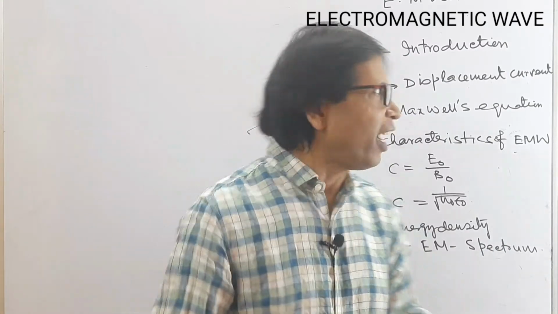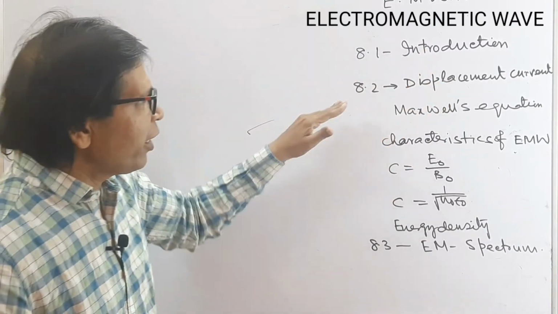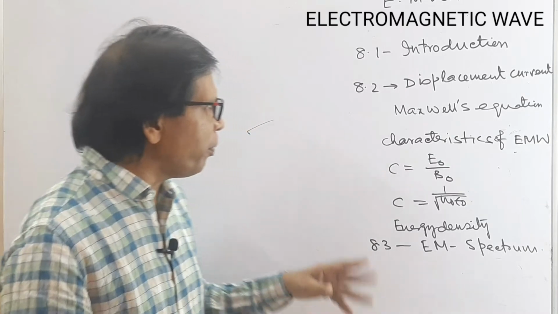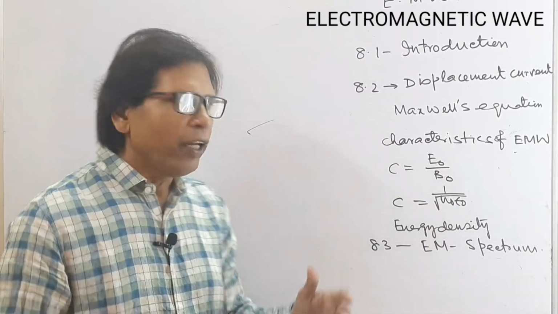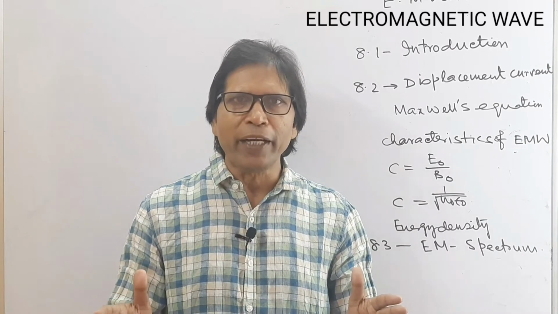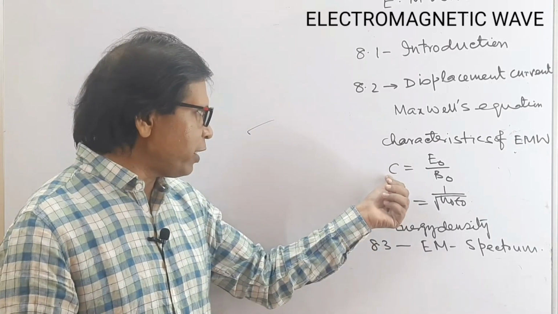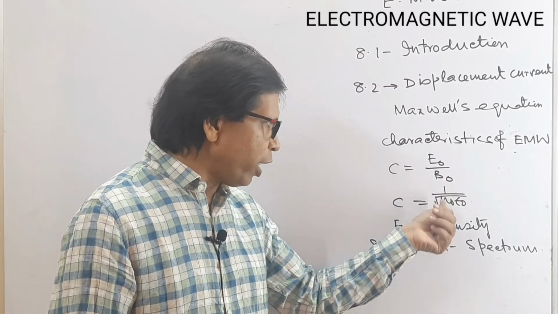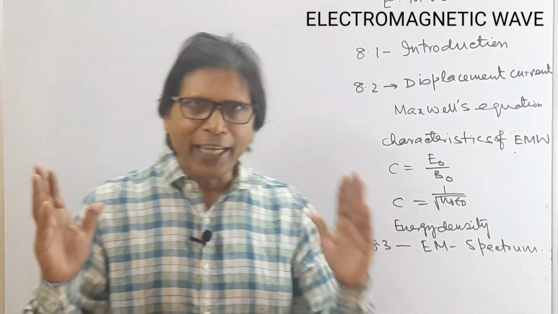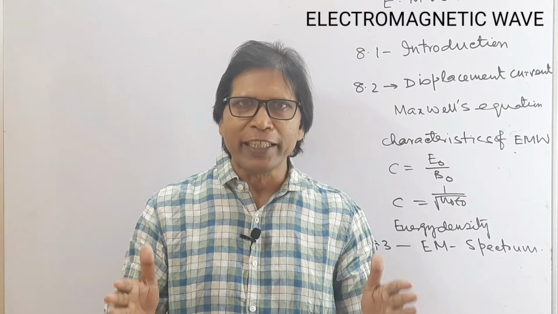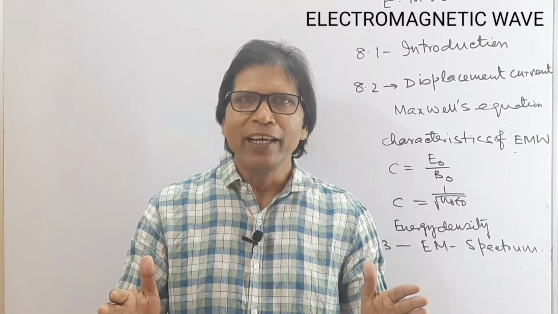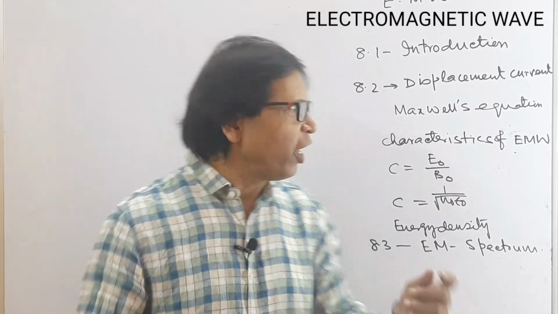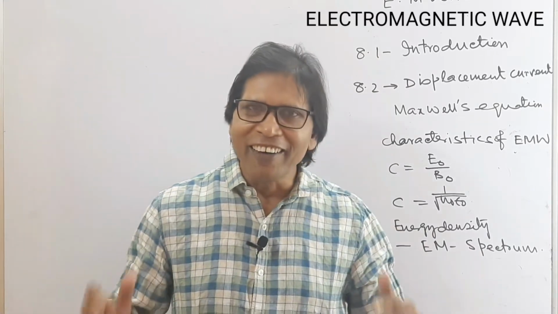Our discussions are the introduction, displacement current, Maxwell equations of electromagnetic wave, characteristics of EM wave, the ratio of amplitude of electric field and magnetic field, which gives the speed of EM wave, and speed of EM wave is equal to 1 by root under mu naught epsilon naught, and energy density of EM wave and electric and magnetic field, and finally the electromagnetic spectrum and numericals of NCERT of all topics. Okay, now let's start.